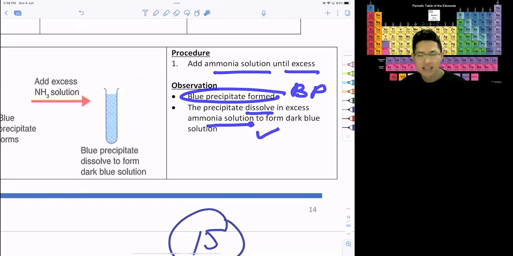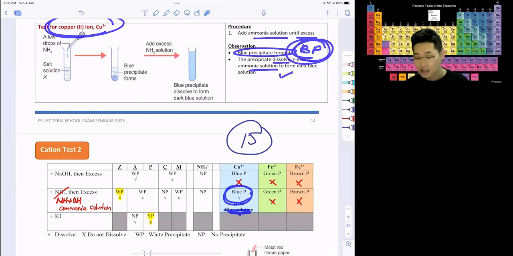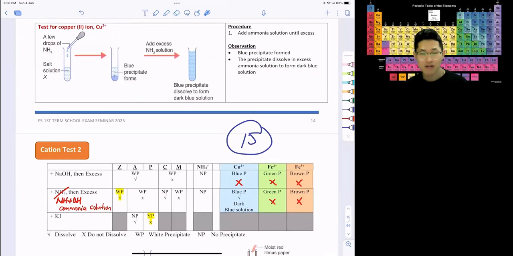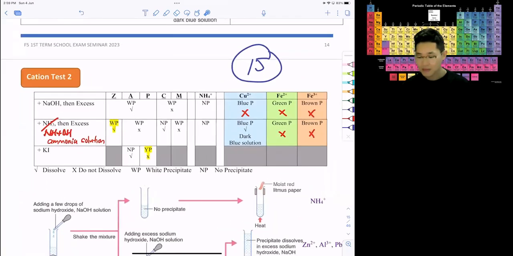Blue ppt, tick, and then dark blue solution. Like that. That's how you write the answer for Cu2 plus, Fe2 plus, and Fe3 plus.